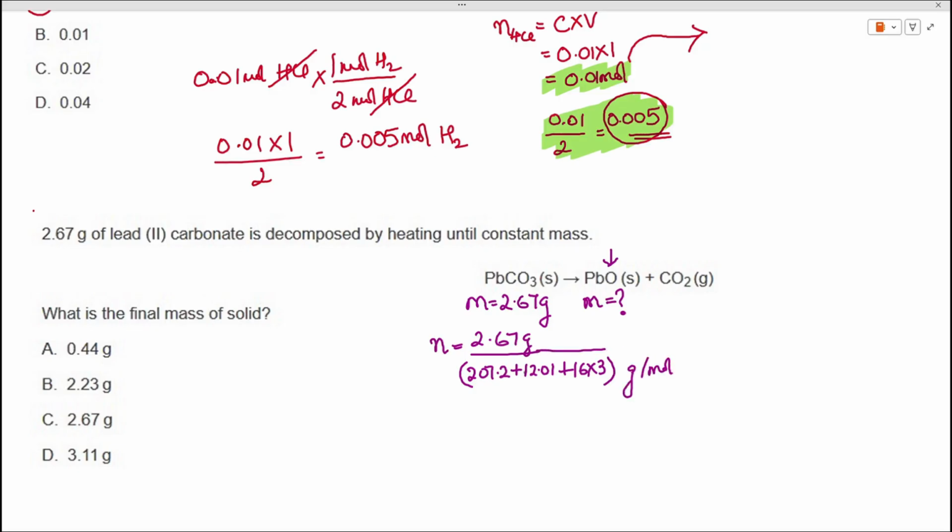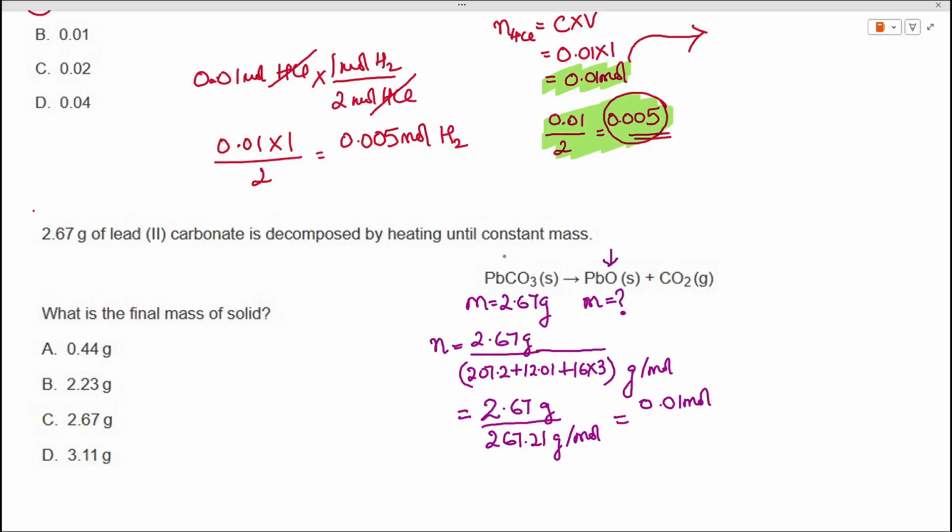So if we find the ratio for the mass and the molar mass, it will be 2.67 grams divided by 267.21 grams per mole. So this will be approximately equal to 0.01 mole.